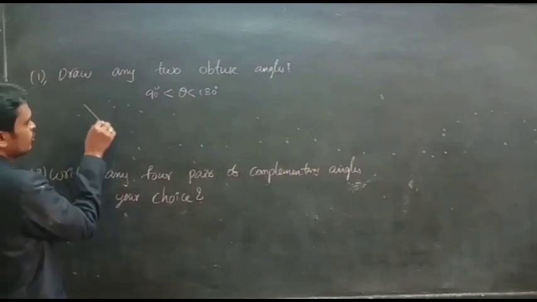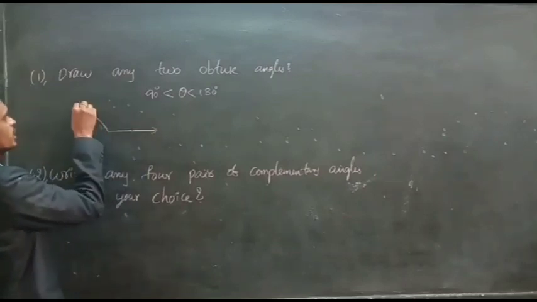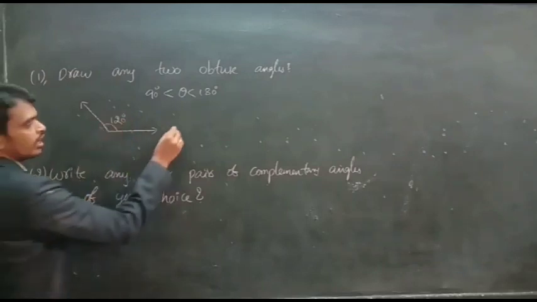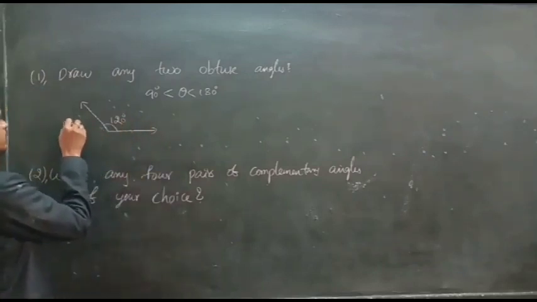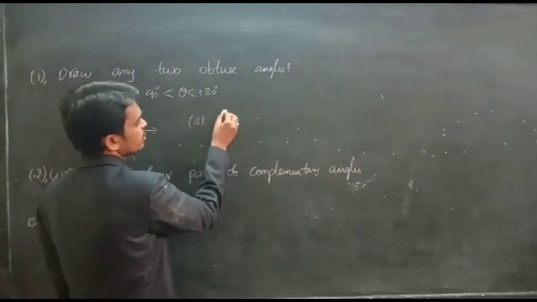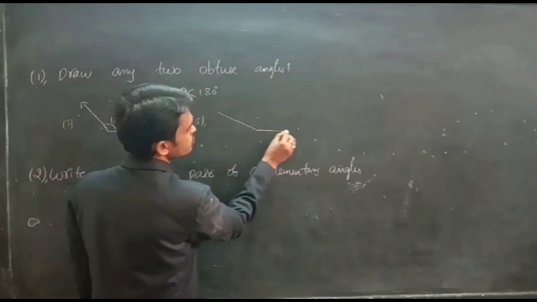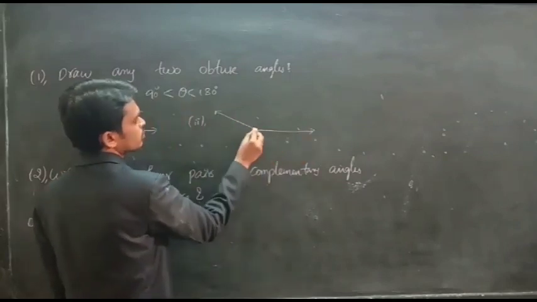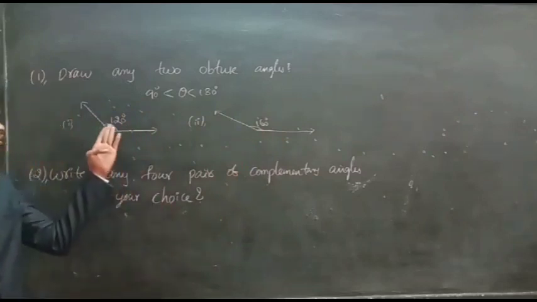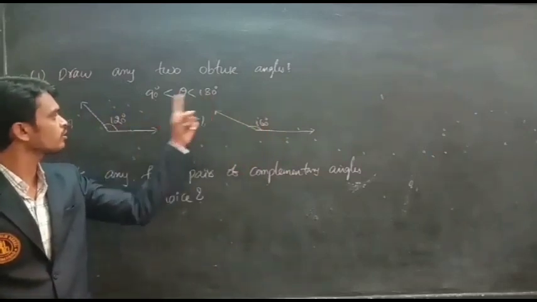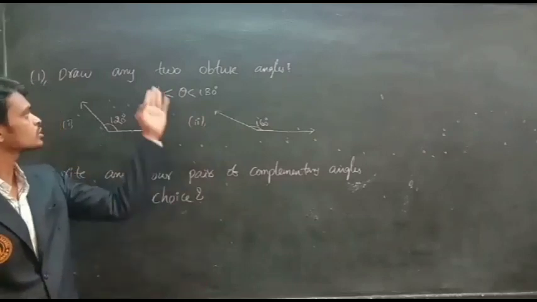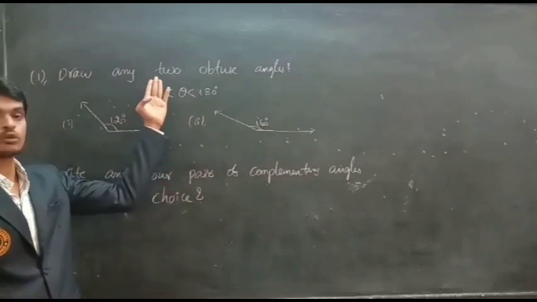So like this we have to draw an obtuse angle of 120 degrees, this is the first one, and the second one we can draw as an angle of 160 degrees. So both are between 90 and 180. These two are obtuse angles. So this is an example of a 2 marks problem.